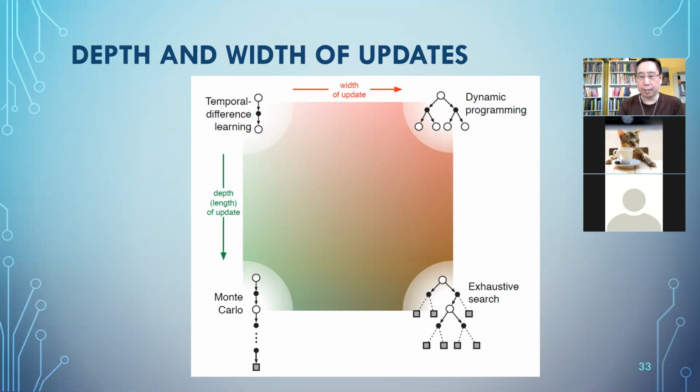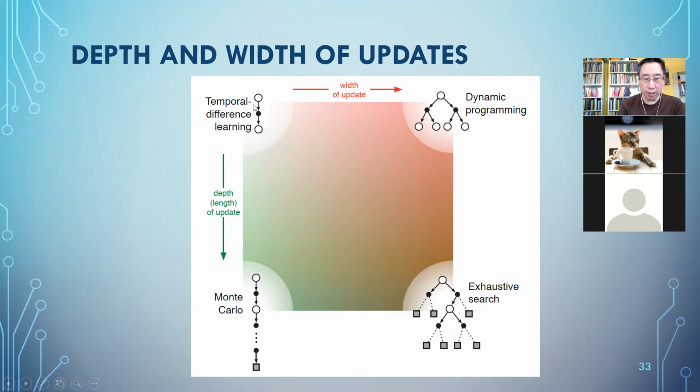We haven't talked about it, but it's covered in the book that there are actually a range of algorithms in between, where you can do TD learning that instead of going one step, goes two, and then it backs up to the previous two actions that it took. You could go three, you could go four.